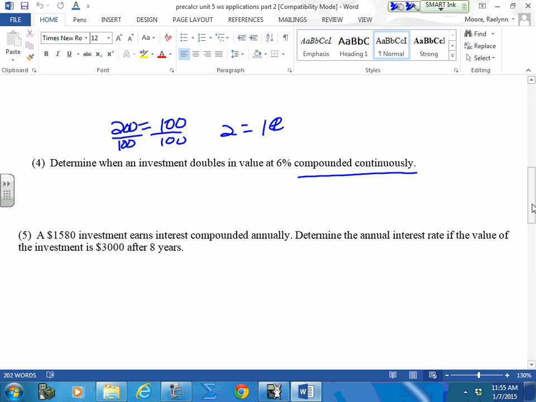So it's always 2 to 1. Whenever something triples, it's 3 to 1. Because no matter what you put in there, when you divide it out, it's 2 to 1. It doubles. So when you see your investment doubling, here's your PERT. 1 E R T. Okay?